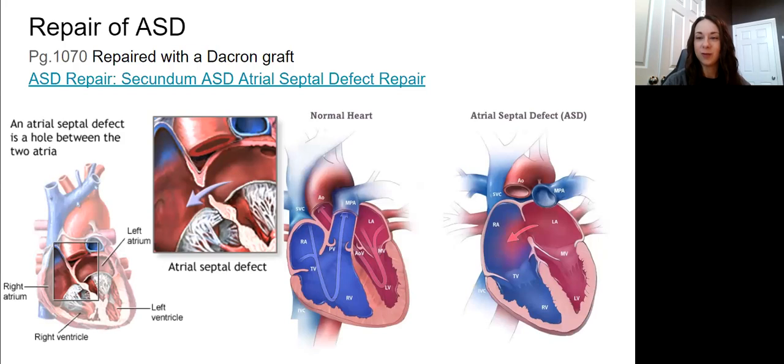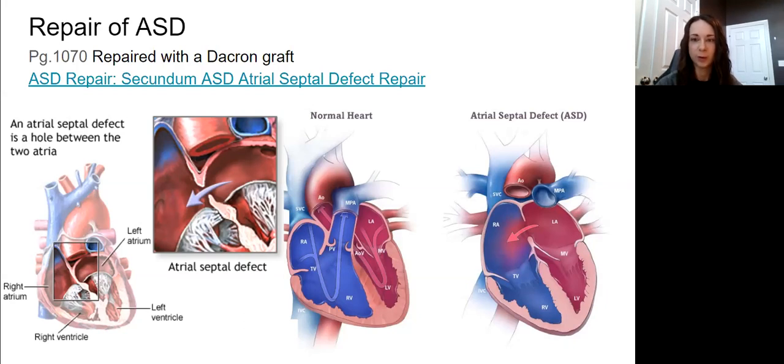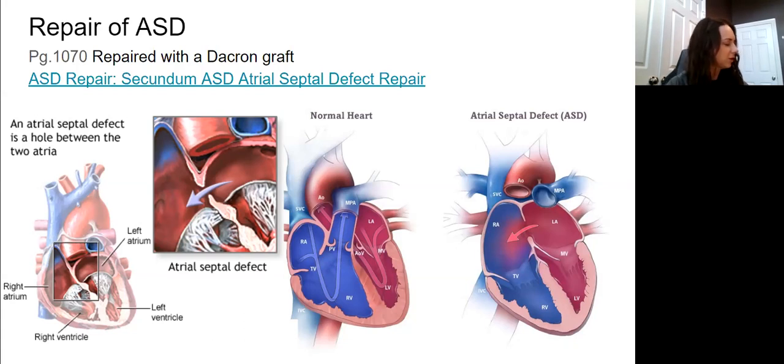So we know the blood flow of the heart. This is throwing off the normal oxygenated and deoxygenated separation of the blood. Unfortunately, you're going to end up with mixing of the oxygenated and deoxygenated blood on this one. So let's look in your book.